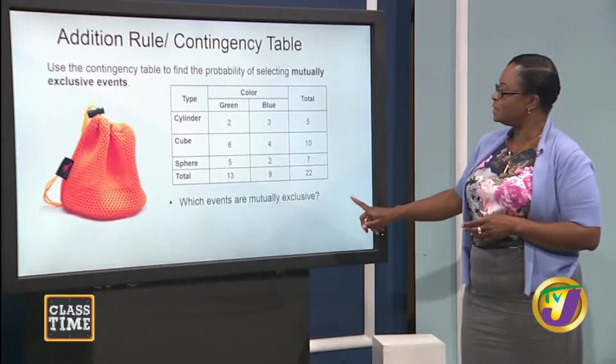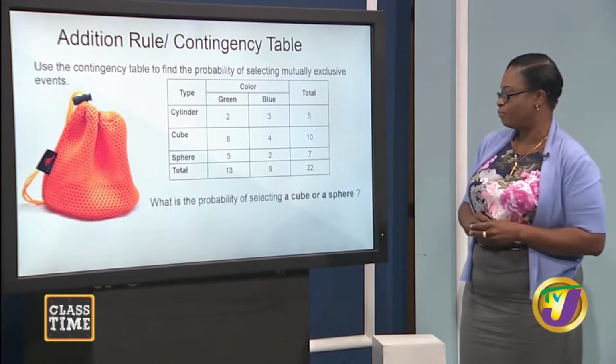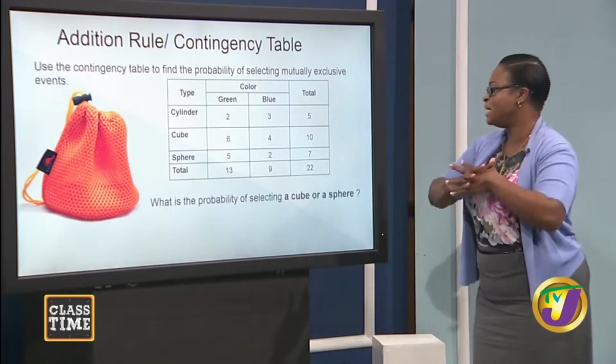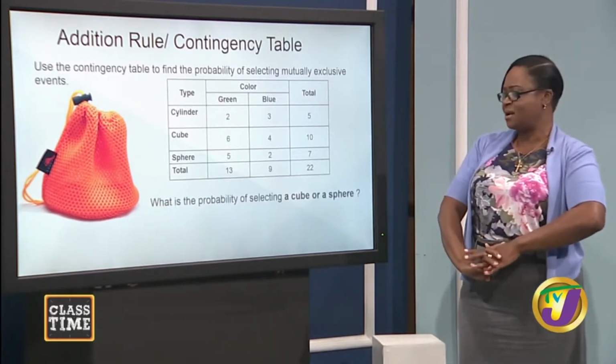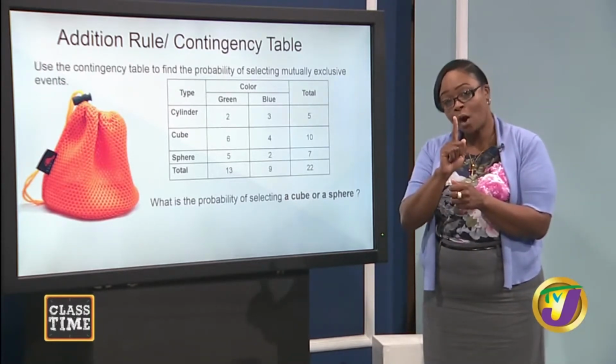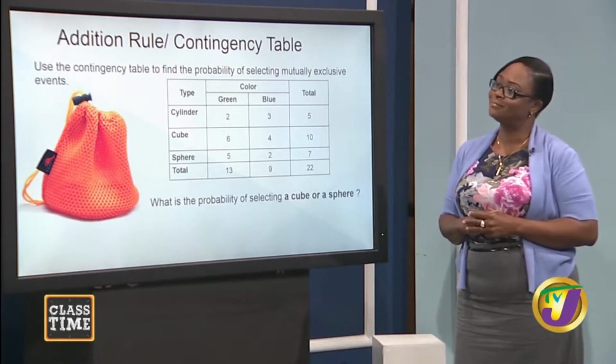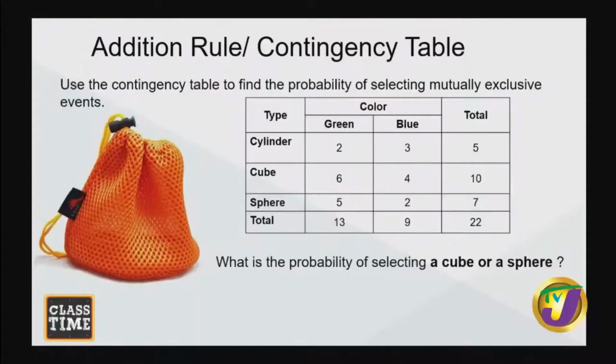Good. So let us look at using the contingency table now. What is the probability of selecting a cube or a sphere? So let's examine our table carefully.